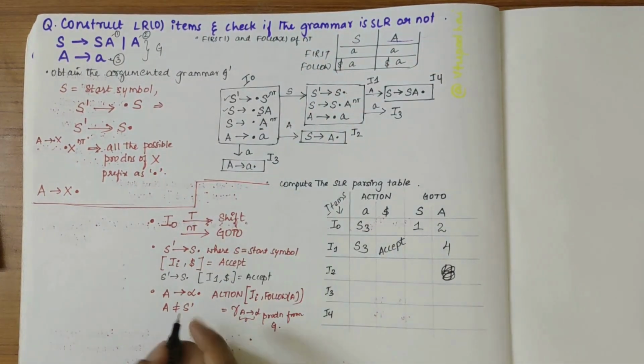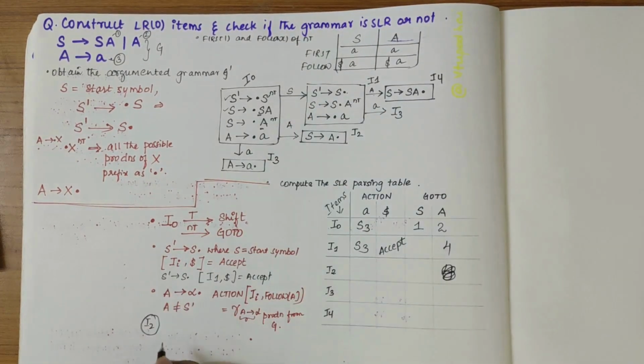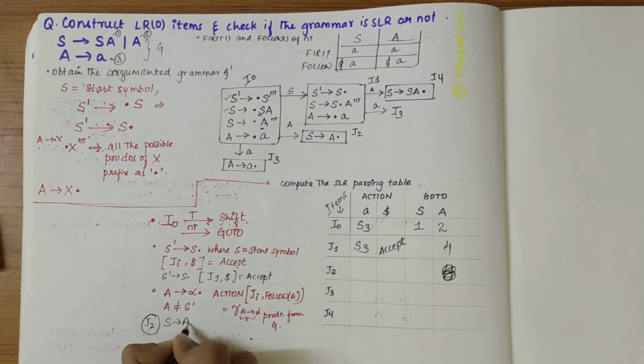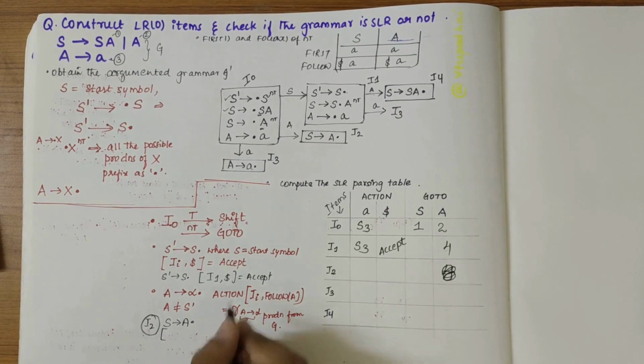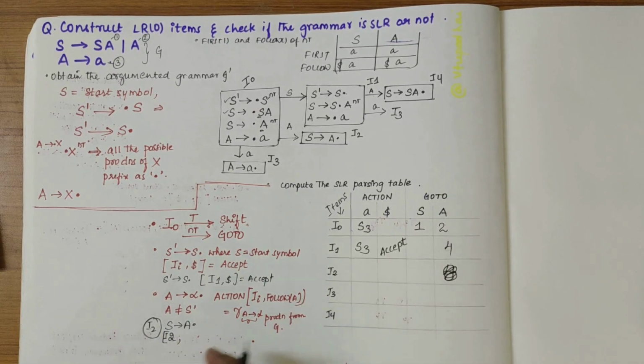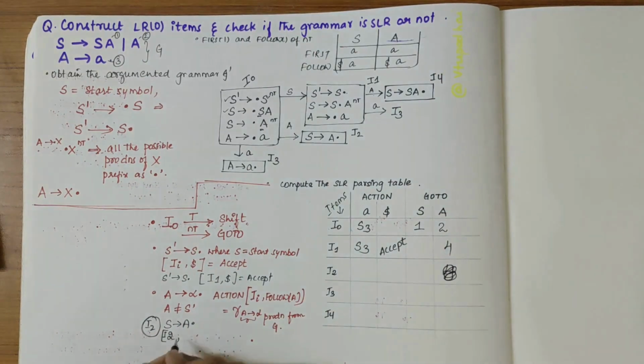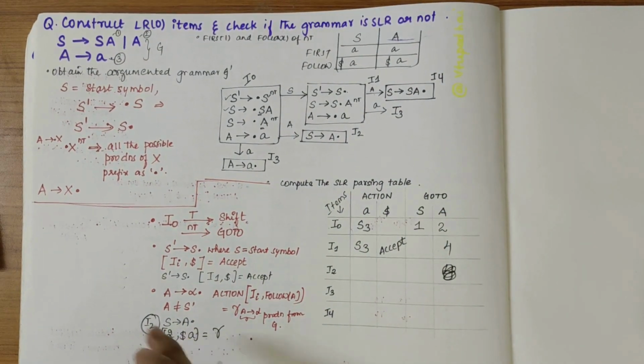So moving on to I2, over I2 I have S derives A dot. So in that case, I'll write I2 comma follow of A. Follow of S is dollar, so it is equal to reduce of S derives A, which is the second production, right?